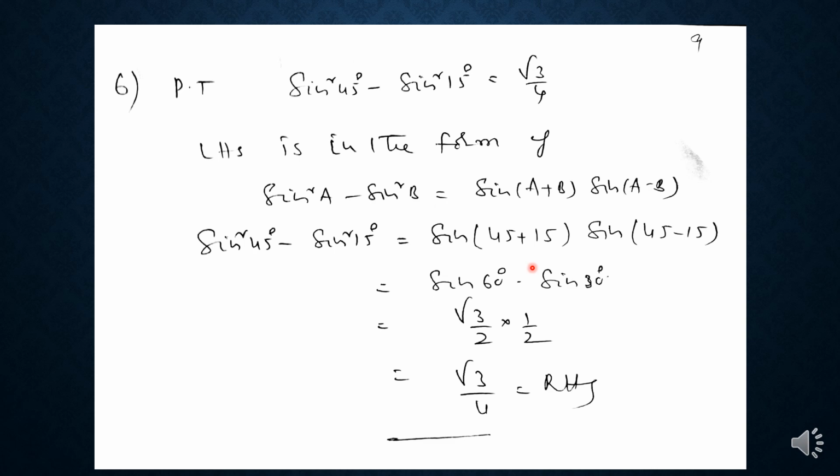And what is cos of A plus B into cos of A minus B? Cos of A plus B into cos of A minus B is cos square A minus sin square B, or cos square B minus sin square A. So cos square A minus sin square B can be written as cos of A plus B into cos of A minus B, and also cos square B minus sin square A can be expressed as the product of cos of A plus B into cos of A minus B. So these are the important formulae in compound angles.